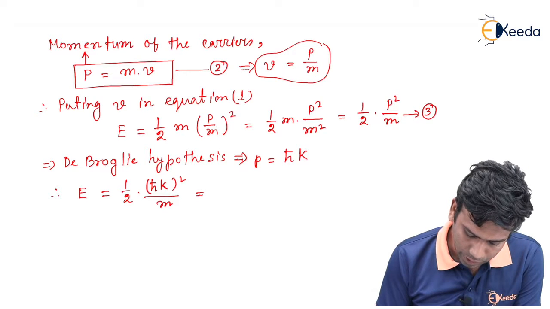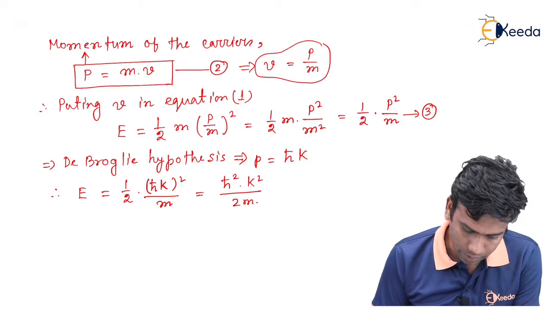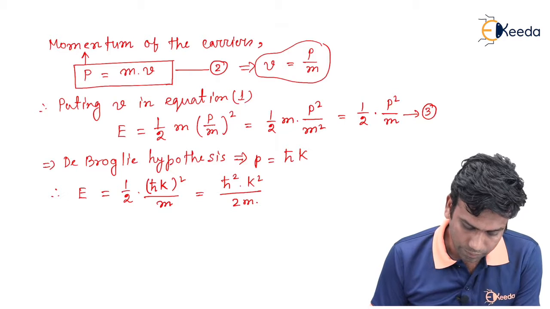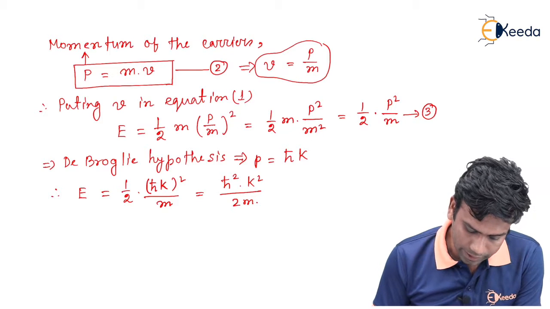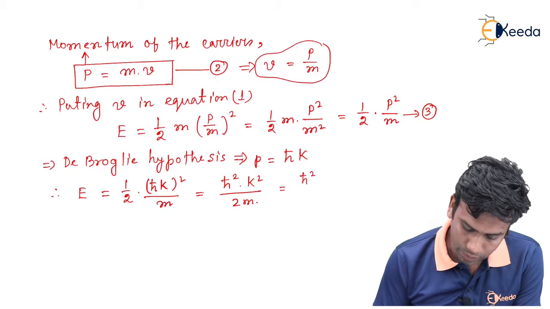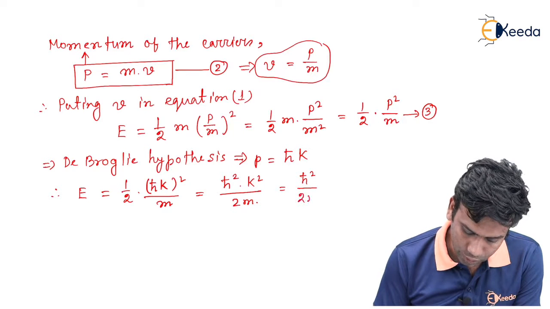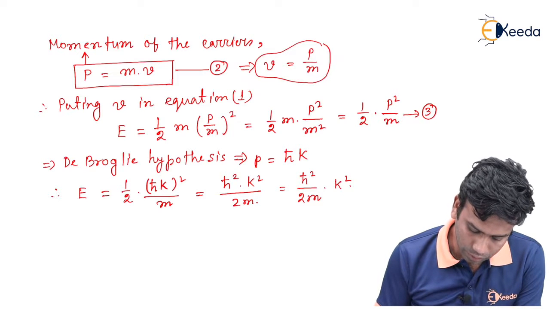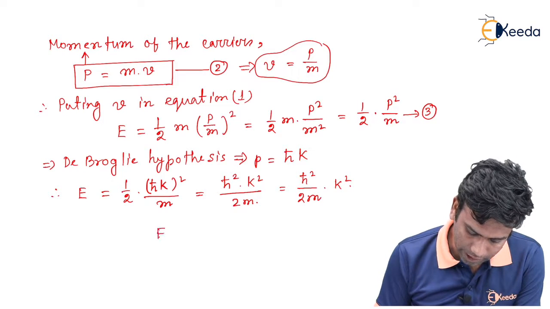So it will be h cut square into k square divided by 2m. Now we can write the final equation as E equals h cut square by 2m into k square.